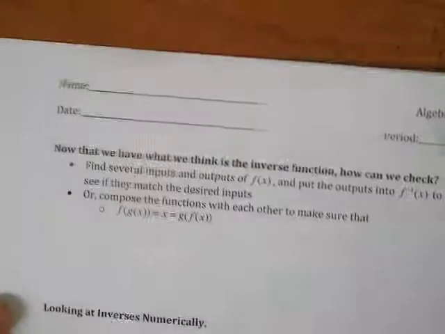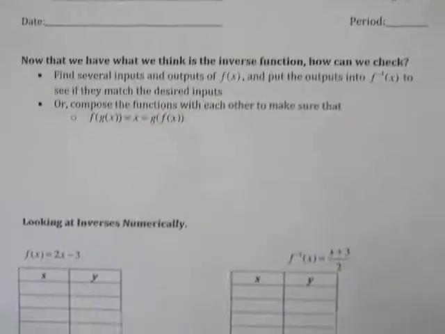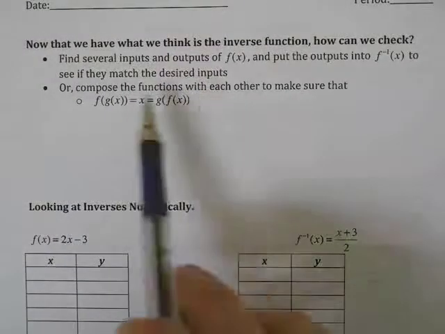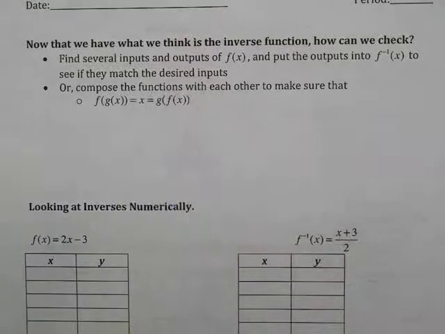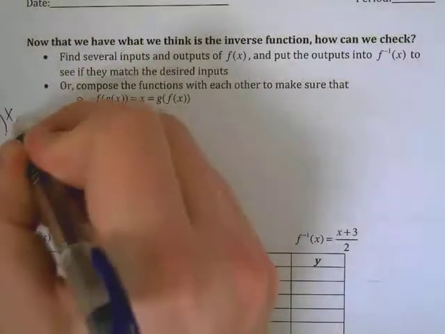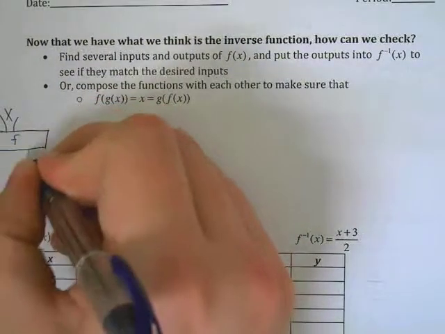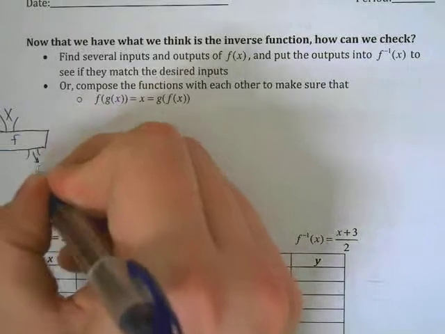Now that we think we have an inverse, how can we check it? We already did 1, but it says to find several inputs of f of x and put the outputs into f inverse of x to see if they match the desired inputs. We did that with one number, so we're not going to go any further. But the idea is that if you take just any general number, x, and put it into f, you're going to get out f of x.